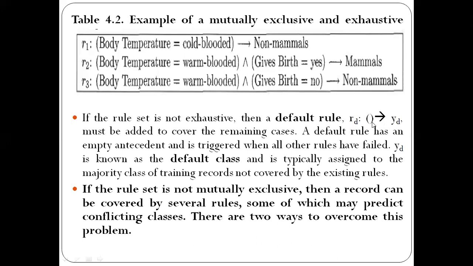The precondition will be empty, and the class label is the default class, YD. If none of the rules are triggered by a record, then this default class YD will be assigned to the given test record. Like this, we will be able to define exhaustive rules.